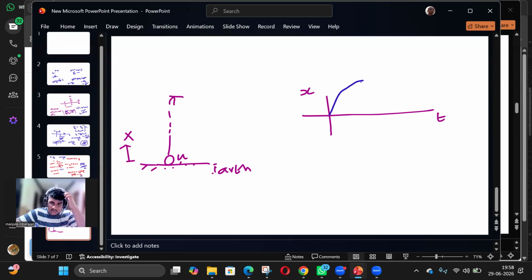No, no, the graph I'm saying, x versus t. Is this clear? And what is this curve?